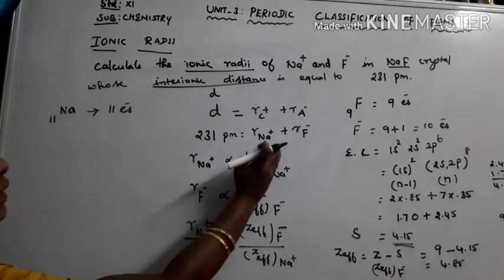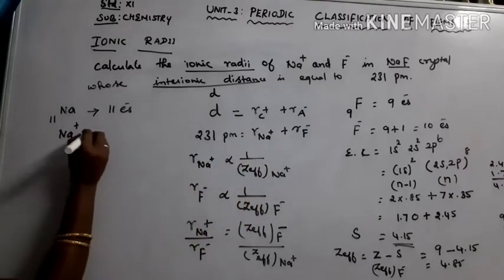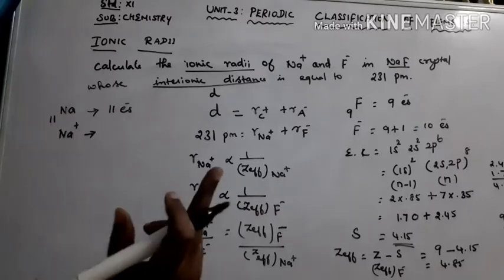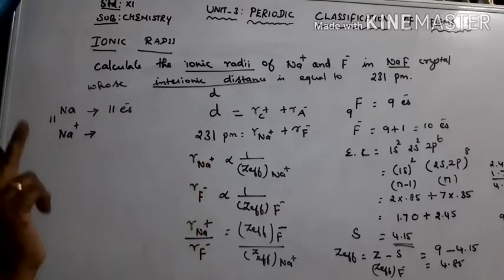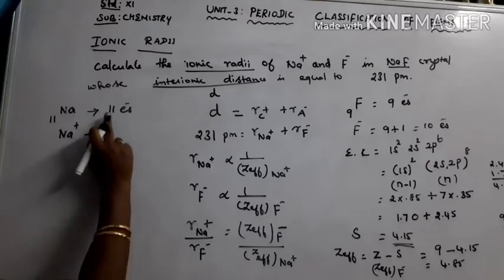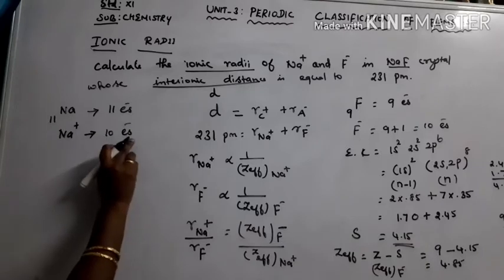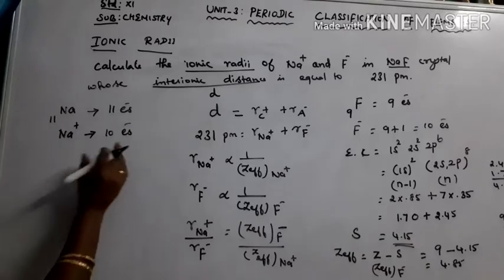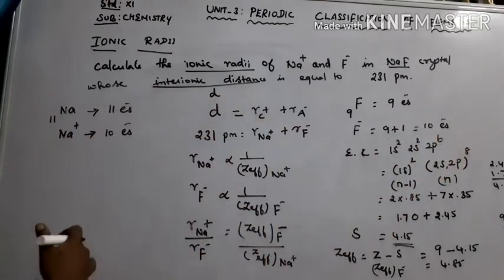But we are going to calculate the effective nuclear charge for the Na plus ion. Na plus means it has lost 1 electron. A unipositive ion carries only one positive charge, so 11 minus 1 is 10. Therefore we have to calculate the effective nuclear charge only for 10 electrons, the same as for fluoride. So both remain the same.